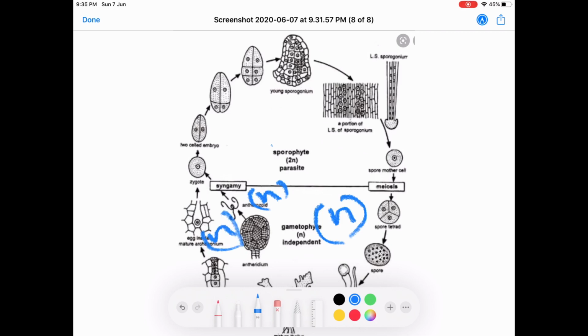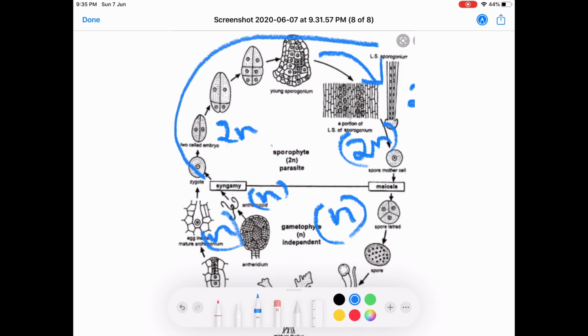The egg and the antherozooid fuse to produce a diploid zygote, and this diploid zygote develops into the capsule, I mean the sporogonium. The sporogonium is always diploid. Thus, the sporogonium represents the sporophytic phase in the life cycle of Anthoceros.